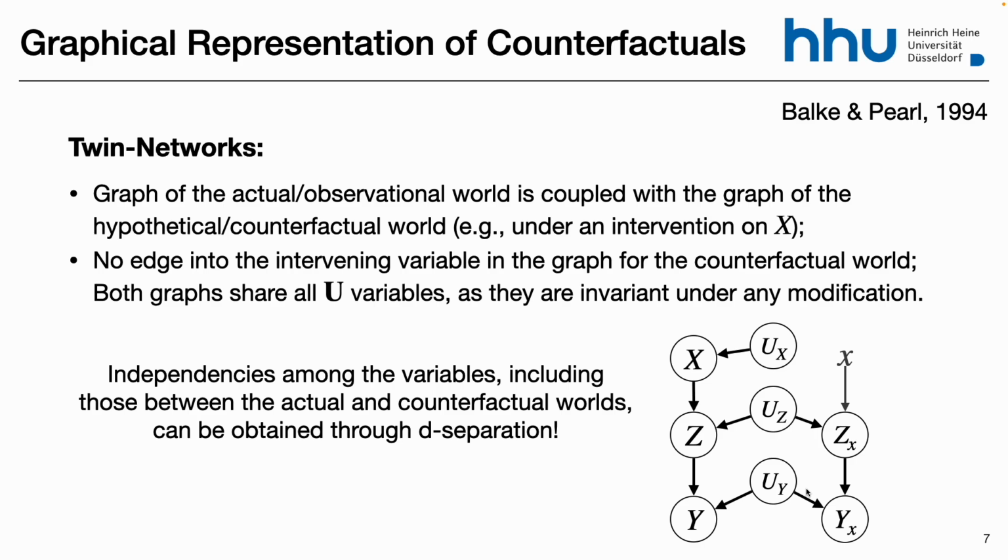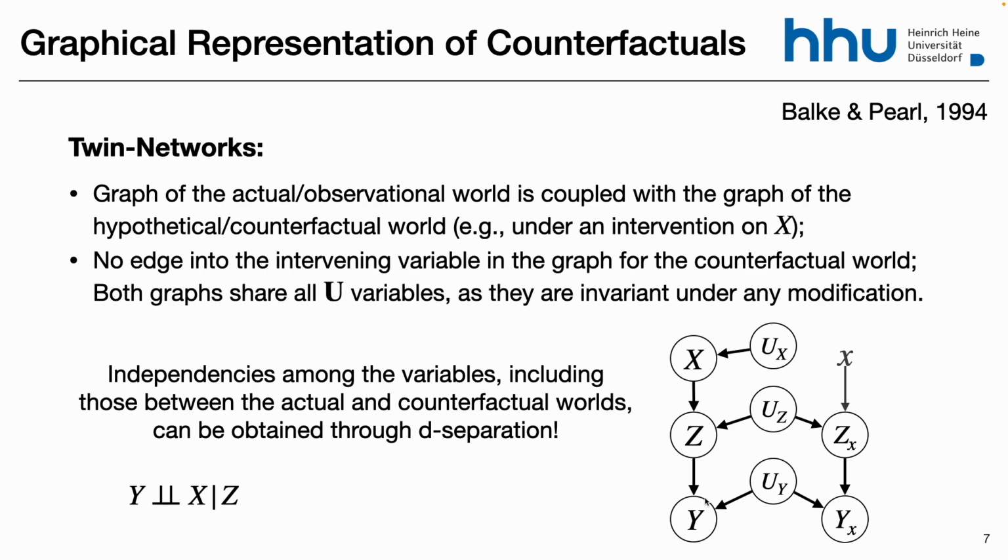That's not done. There is a special thing going on later, I'm going there. But the point is, this graph is going to be helpful because you can now check independencies between variables in different roles. So you can, for example, ask what's the independence between Y_x and X. Actually, in the same graph I can check as before.